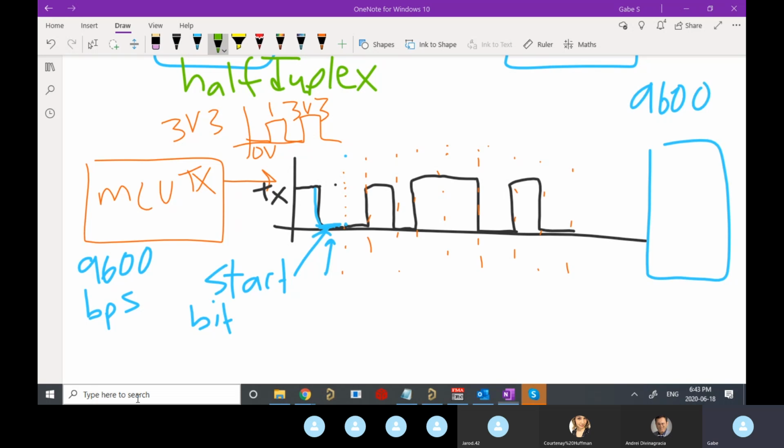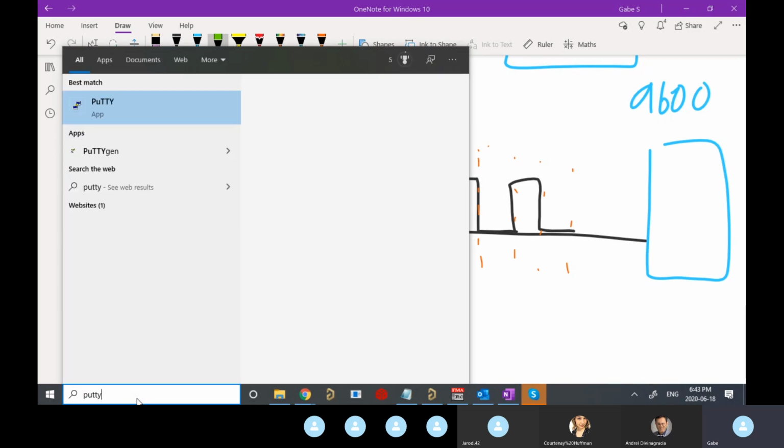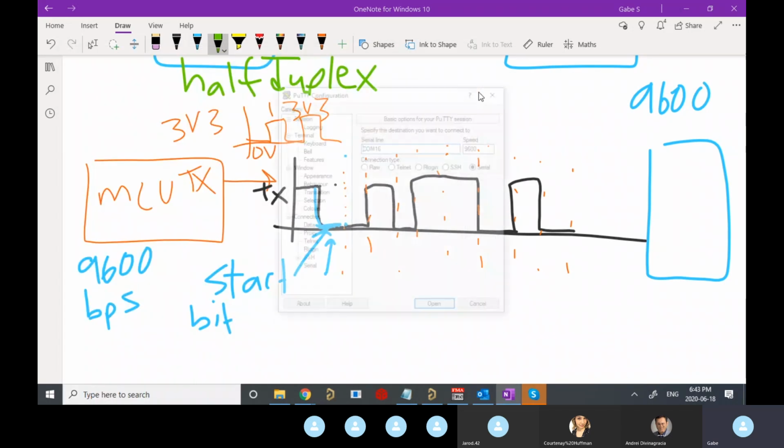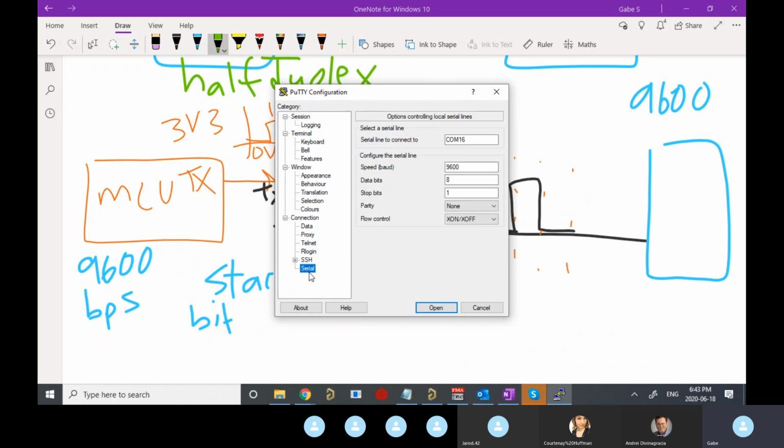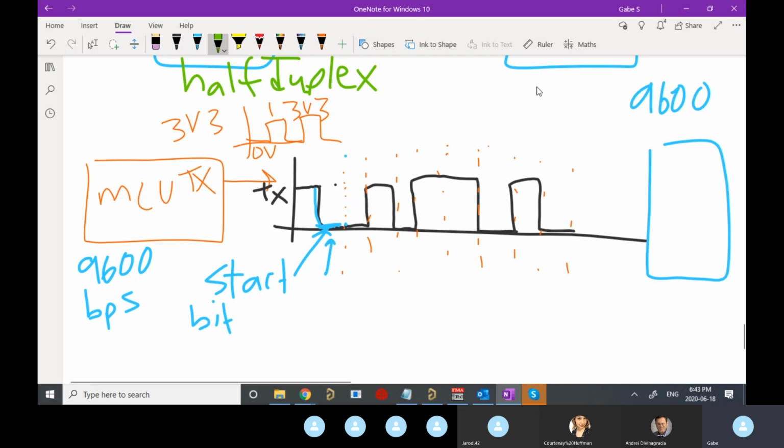If we noticed back in PuTTY, I should probably stop closing it. Serial. You can specify the number of data bits that are going across, right? If I wanted, I could say 16. Maybe I have a 16-bit ADC that's spitting out data. If I wanted, I could say 8. 8 is usually the standard. And what that means is that after the start bit, we're going to send you 8 bits of data.